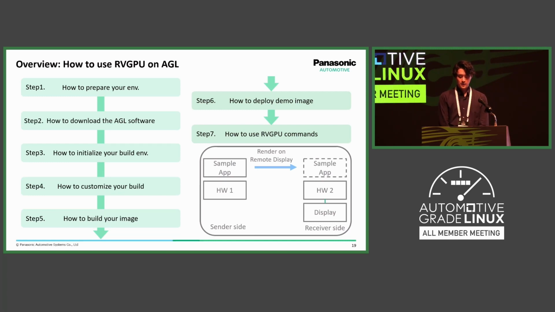In this section, I will introduce the details of those 7 steps, focusing on differences from the AGL official documentation. Step 1: how to prepare your build environment necessary to run RVGPU on AGL, and the flow of RVGPU commands.